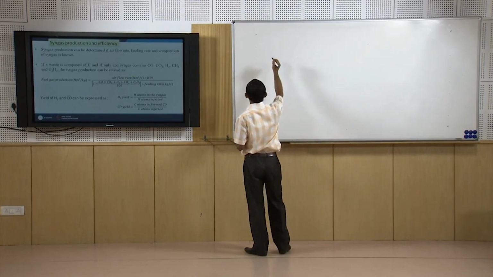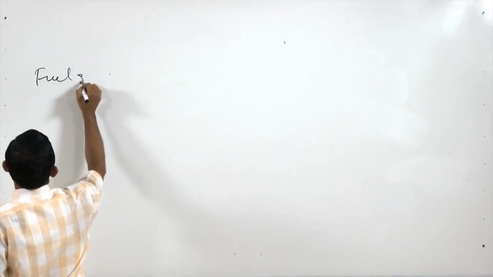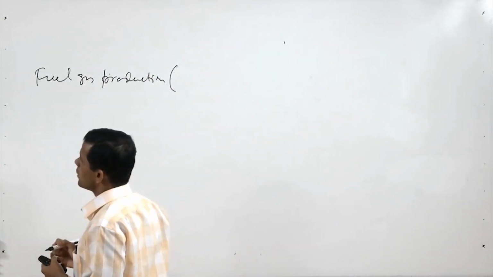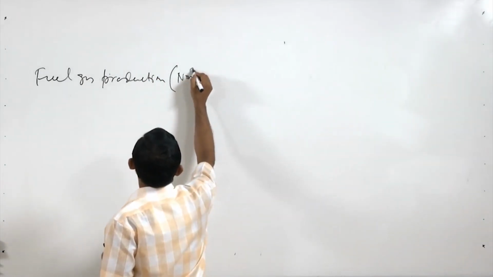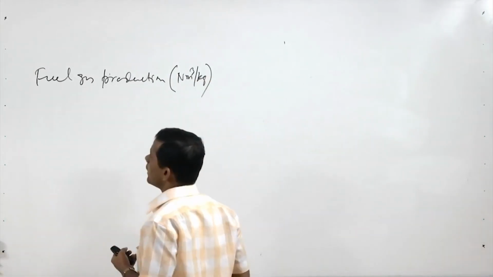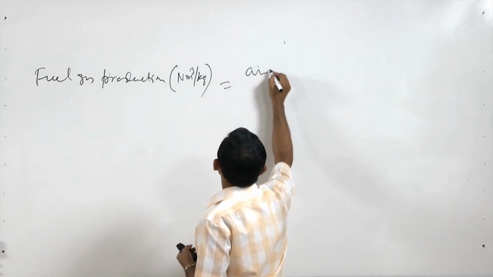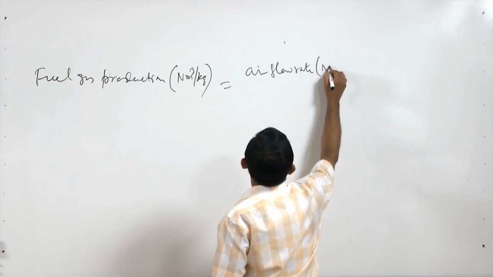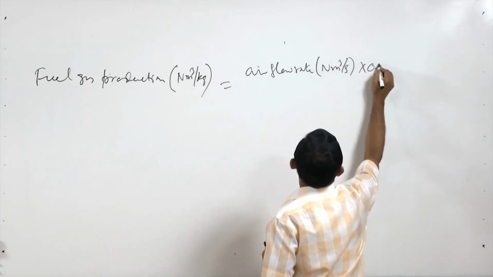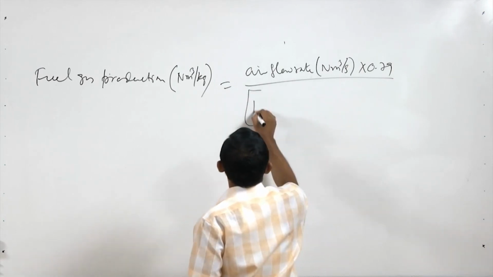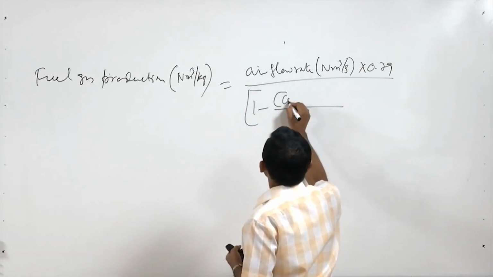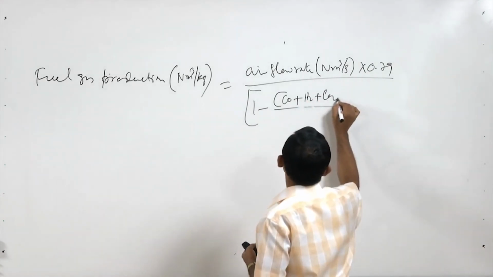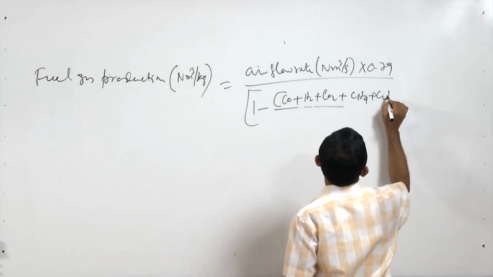So, fuel gas production in normal meter cube per kg of waste or carbonaceous material is equal to air flow rate in normal meter cube per second into 0.79 divided by 1 minus CO plus H2 plus CO2 plus CH4 plus C2H2.